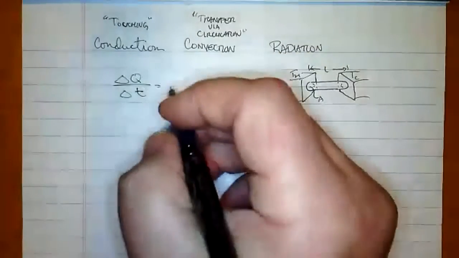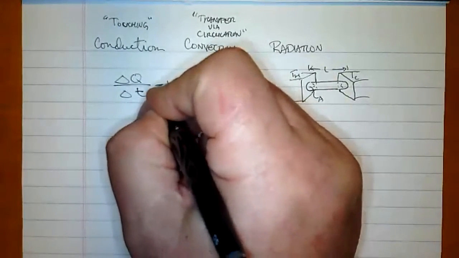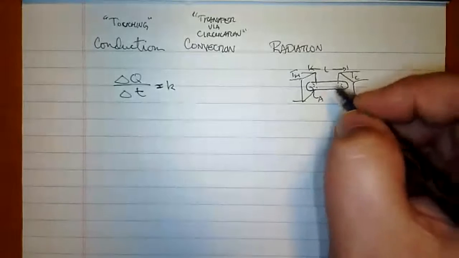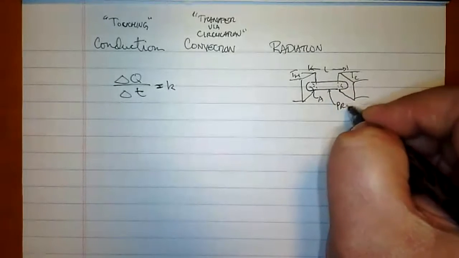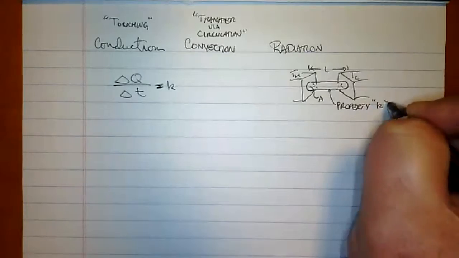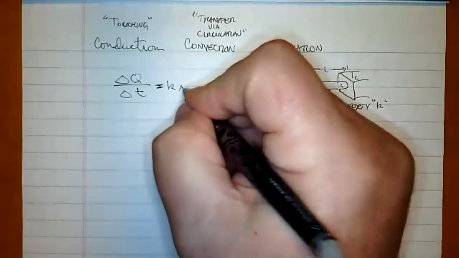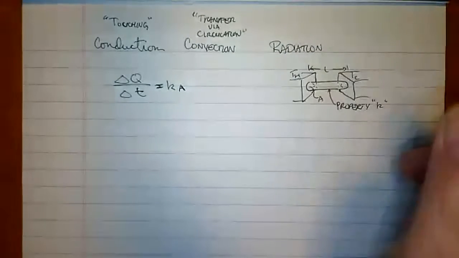Well, it turns out this is equal to some constant, which is based on the material property, K, some constant times the cross-sectional area. That makes sense, right?